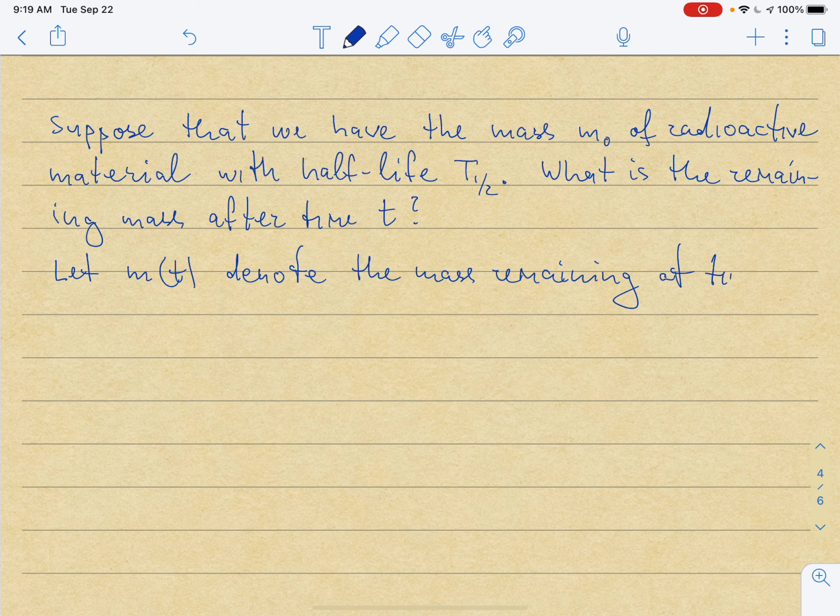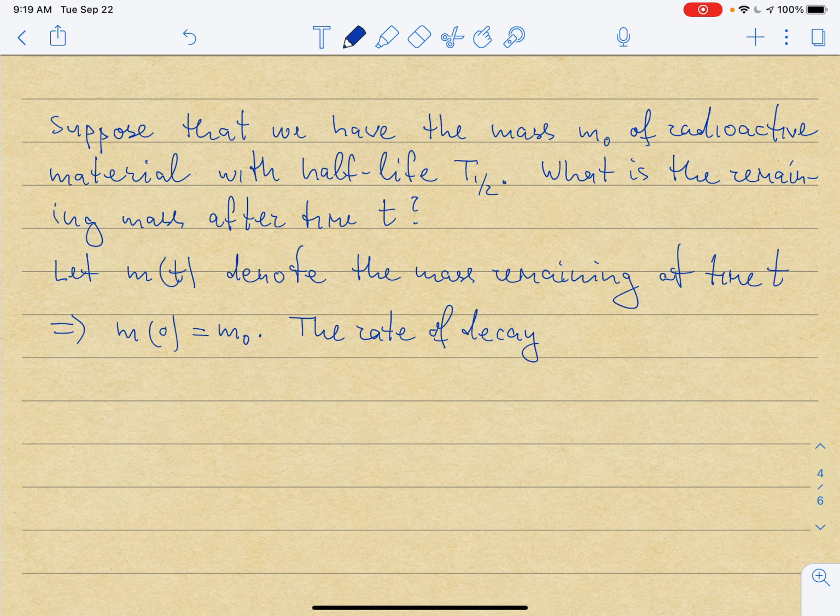And if we use this notation, then we know that m of 0 is going to be the initial mass that is available to you, and that's m0. So the rate of decay is going to be equal to m prime of t, right?